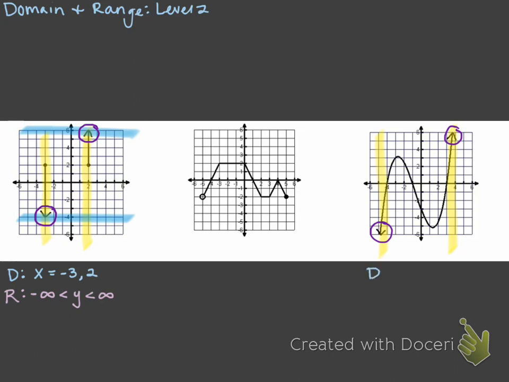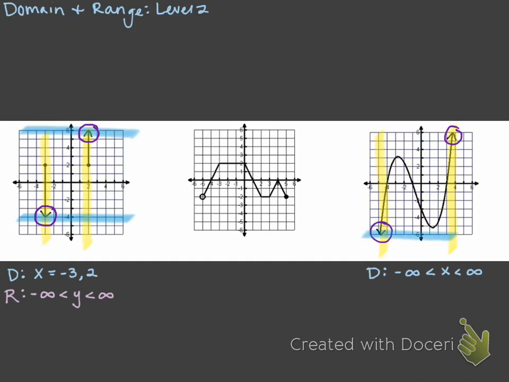So our domain for this one, since our arrow always continues to the left in the negative direction, we will have -infinity is less than x, since domain is all the x values, is less than +infinity, because our graph will continue always in the positive direction over the x values due to that arrow.